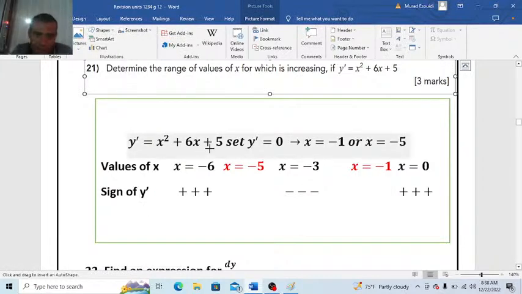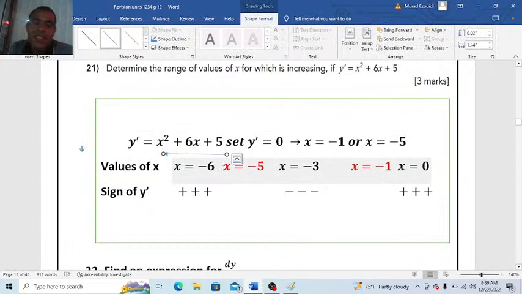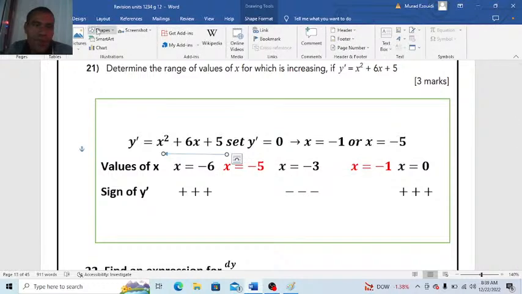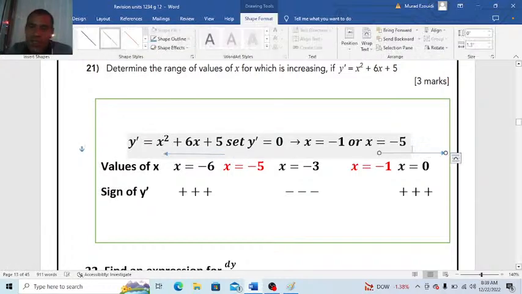Okay, it means your function is positive if x is less than or equal to -5, and positive also if x is more than -5. Okay, so this is the solution.